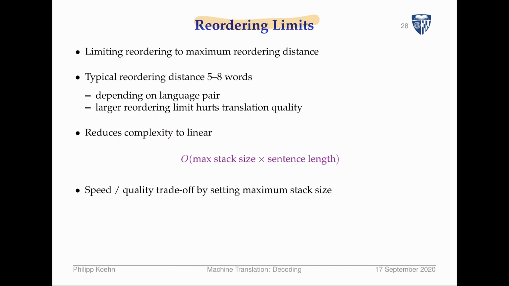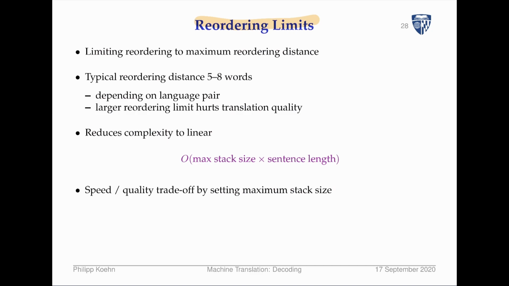And if you put in a reordering limit, typically this is a distance of 5 to 8 words. If you don't put in this reordering limit, you typically get worse translations. The one thing that encourages the reordering is the language model. That looks at good word sequences, and if it's given free rein of picking words anywhere out of the sentence, it just puts together words that don't really fit together in the meaning of a sentence, but the language model likes it, so it doesn't do very well.